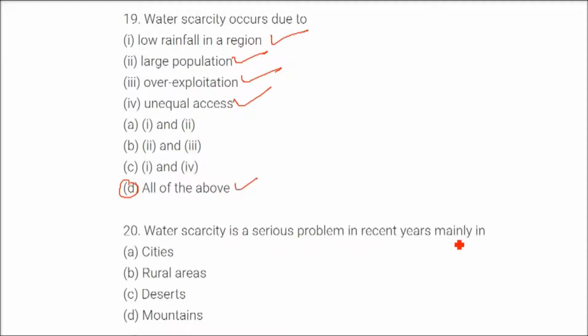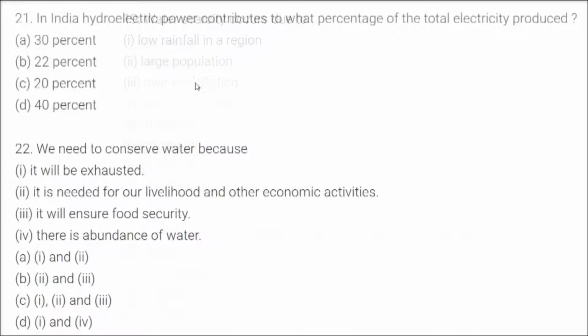Water scarcity is a serious problem in recent years, mainly in... actually it is everywhere. So we will answer it as mainly the cities, because people are moving toward the urban areas and there is a lot of population density there, and because the lifestyle has changed, that is why the cities have more problems, serious threat.